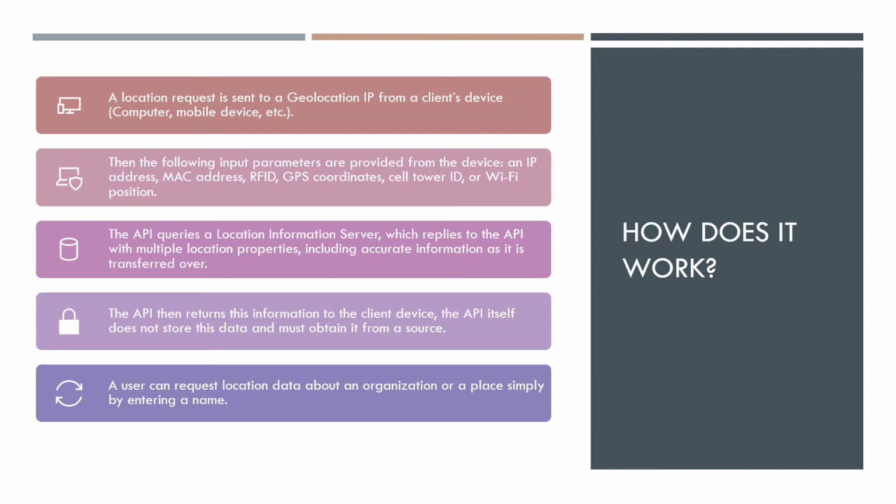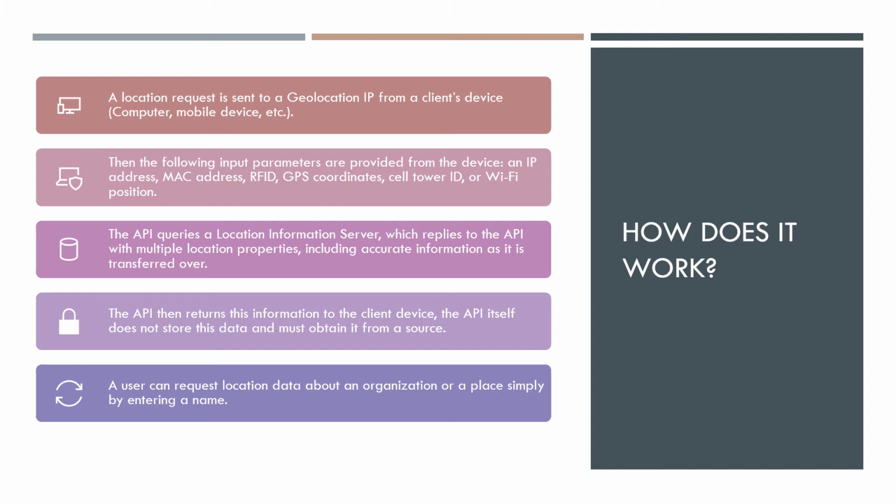The API then queries a location information server, which replies to the API with multiple location properties, and this includes accurate information as it is transferred over. It's important that it's accurate, because if it isn't, then the Geolocation API itself is going to have trouble displaying the correct information.